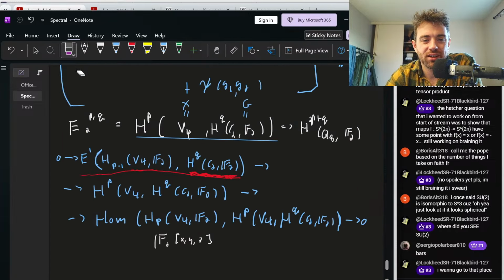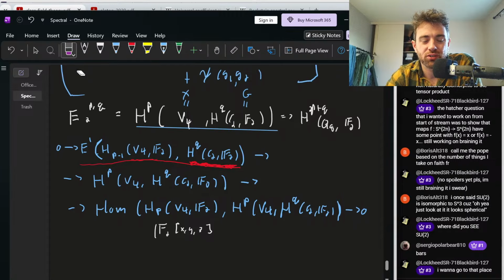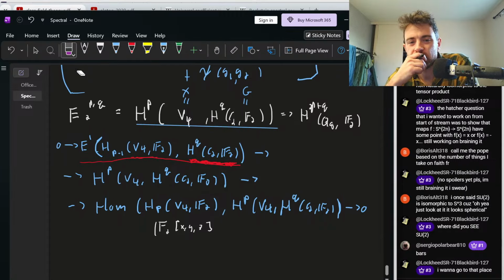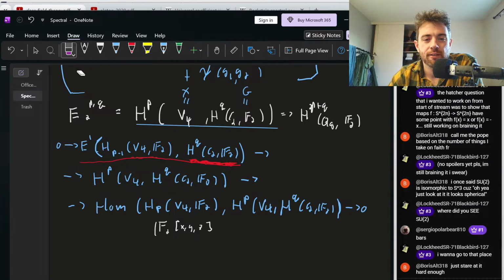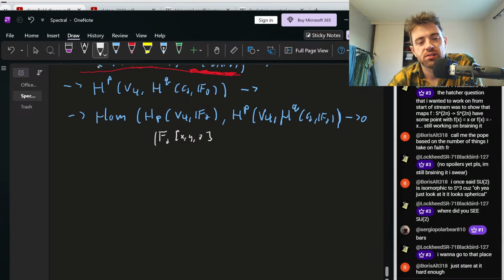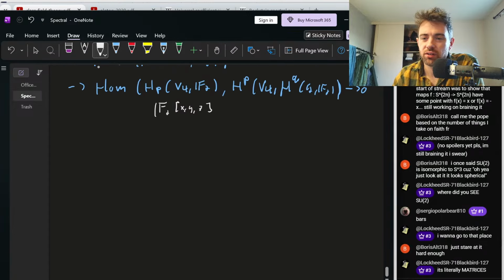Well, hang on. We can actually compute some of these things, right? Of course we can compute some of these things. Some of these we know explicitly. I guess is this saying that every page is non-zero? Okay, let's see how the argument goes.